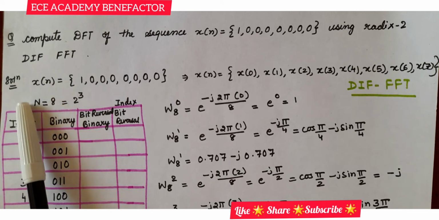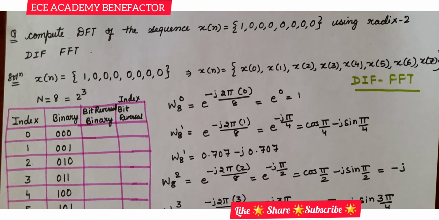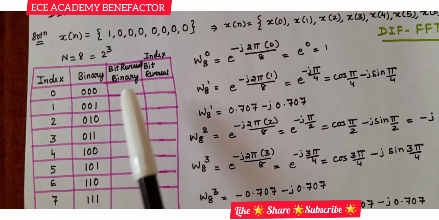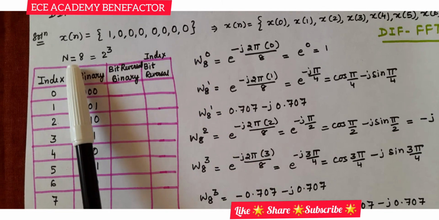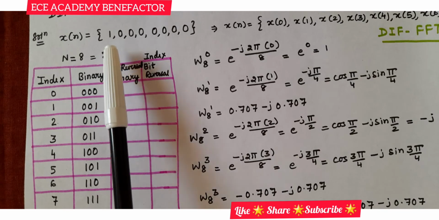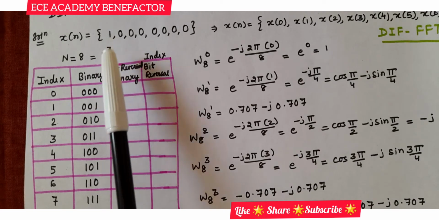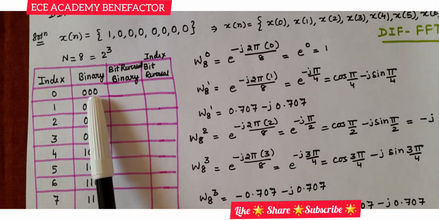Second step is to write the bit reversal table. How to write the bit reversal table? Its length is 8, so we can write N equals 8, which is equal to 2 to the power 3. So 3 indicates that we have to represent each number by 3 binary bits.